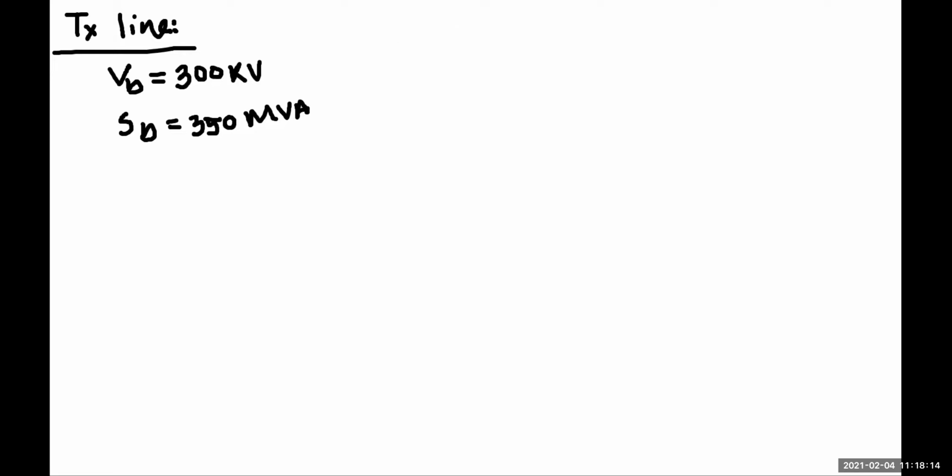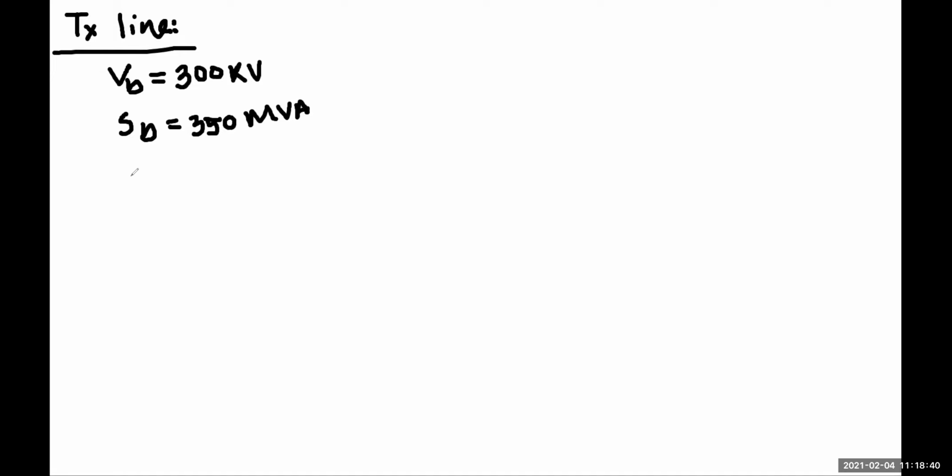So can anyone tell me what is the formula for R for the transmission line? What is the base formula? There's Z base, R base or X base. Anyone?